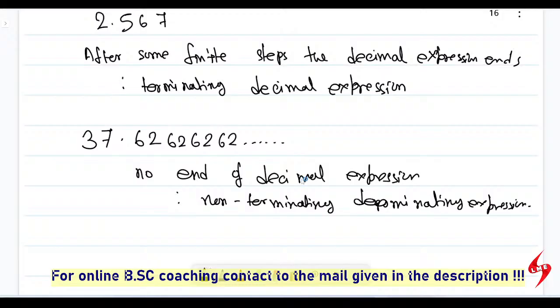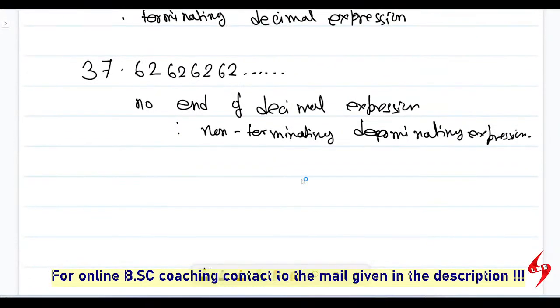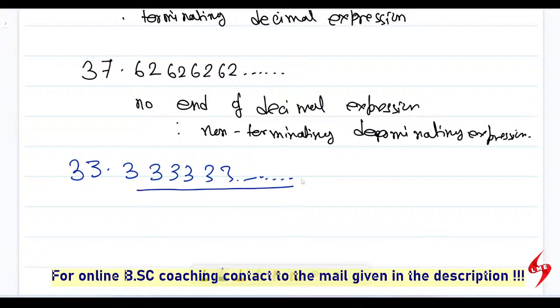Now, if the expression looks like this, 3.3333, you can see that it is a non-terminating decimal expression. But if you look closely, you can see that there is a repetition of a digit after the decimal.